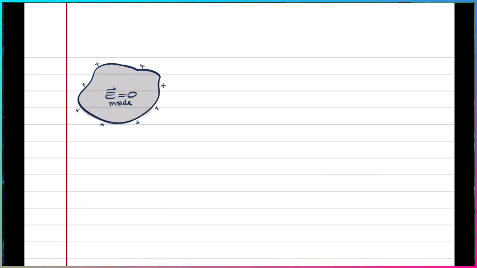So then the last question was, what is the electric field just outside the surface? Now I could do a Gaussian surface that hugs the entire thing. Turns out to not be that useful, because then the flux through that surface is just going to be Q over epsilon naught, the enclosed charge.